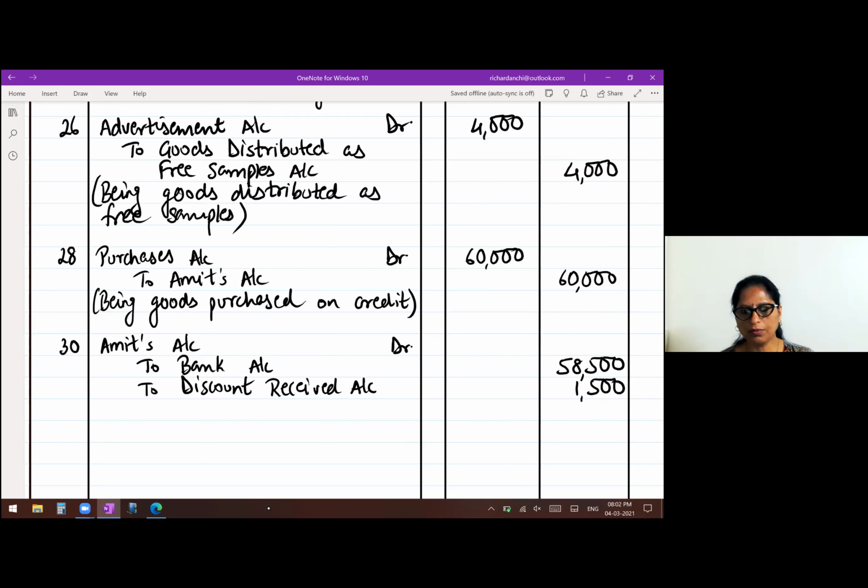So that means total amount payable to Amit is 60,000. Okay, so Amit's account debit 60,000, to bank account 58,500, to discount received 1,500. Narration: being paid to Amit cash by ECS.